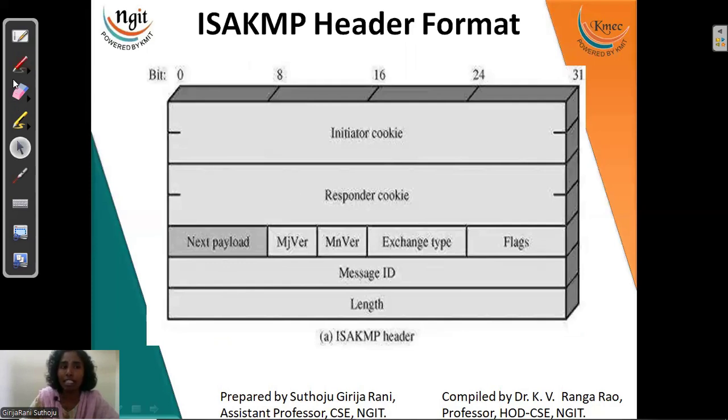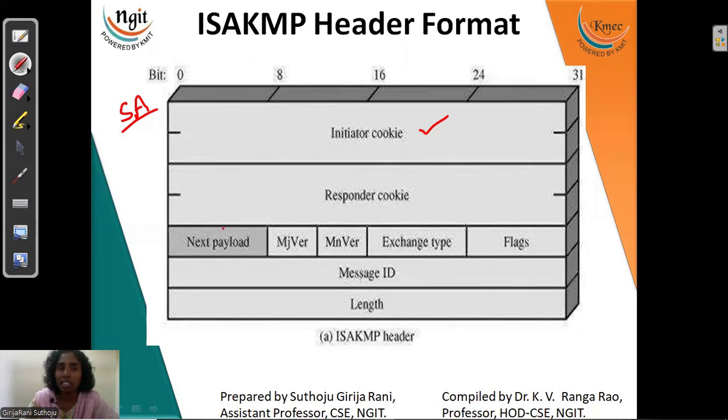So the header format is as follows. In the header format, we have the initiator cookie, which is responsible for who is the sender and who is the receiver; all this information will be saved, and at the same time the SA, security association, will be activated here. Thus, once the initiator cookie is initiated, the responder, meaning both the sender and receiver, are readily available to exchange their keys.